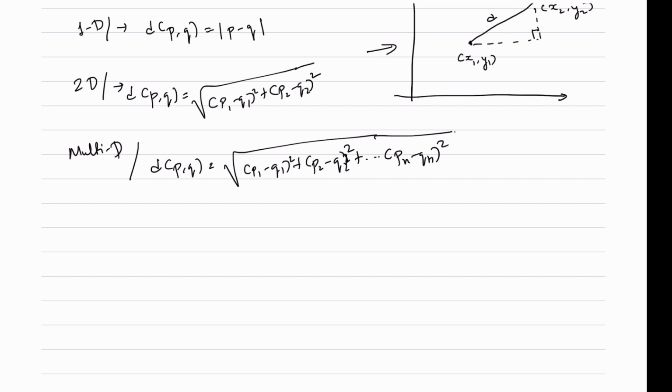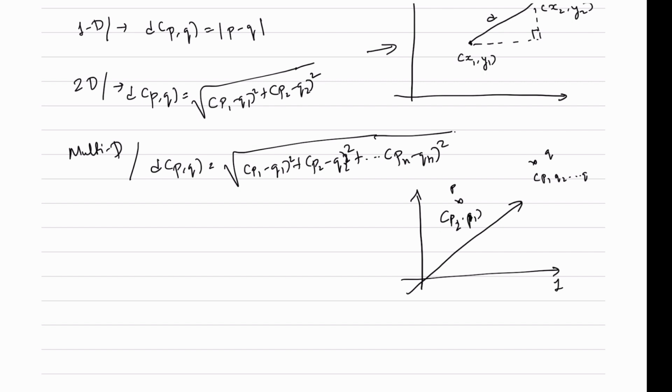So I don't want to plot this in a graph, but if you look at it from a three-dimensional standpoint, the coordinates of the p and the q will have p1, q1 values, and then p2, q2. So let's say this is the one dimension, this is the two dimension, this is the third dimension, so it'll be p1, p2 and p3, and this one is q1, q2 and q3, right?